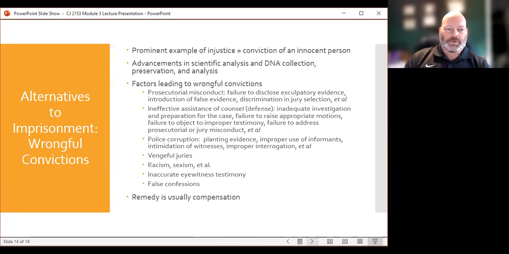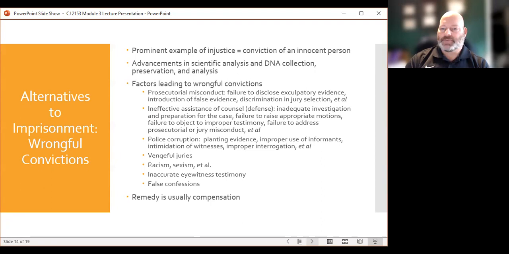Wrongful convictions are also significant in the justice system and are a prominent example of injustice. A wrongful conviction, the conviction of an innocent person, is one that no member of the criminal justice community wants to occur. What has led to an uptick in wrongful conviction decisions has been, quite frankly, advancements in scientific analysis and the manner in which DNA is collected, preserved, and analyzed.